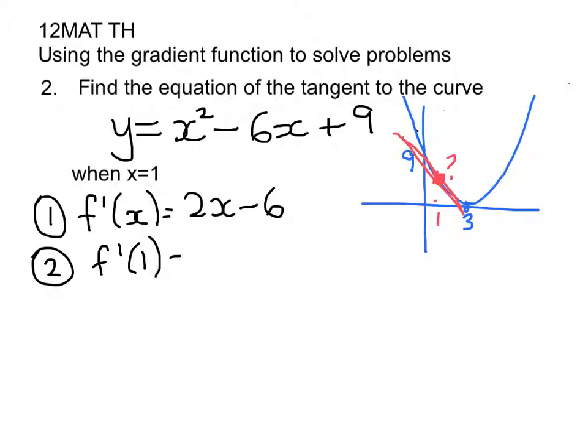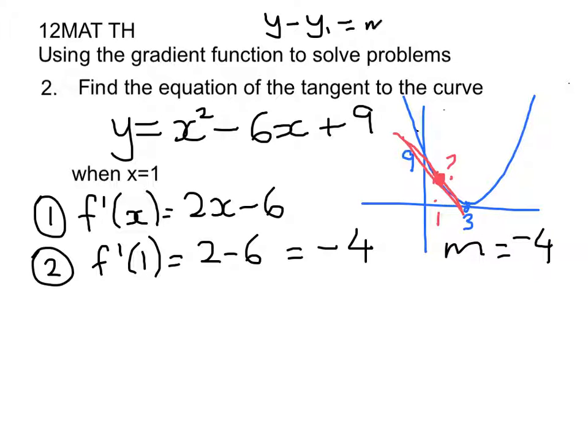So f dash of 1 is equal to 2 minus 6, which is quite a steep negative line, negative 4. That is going to give me my m, my slope, to use in my equation of a straight line, which is y minus y1 equals m times x minus x1.